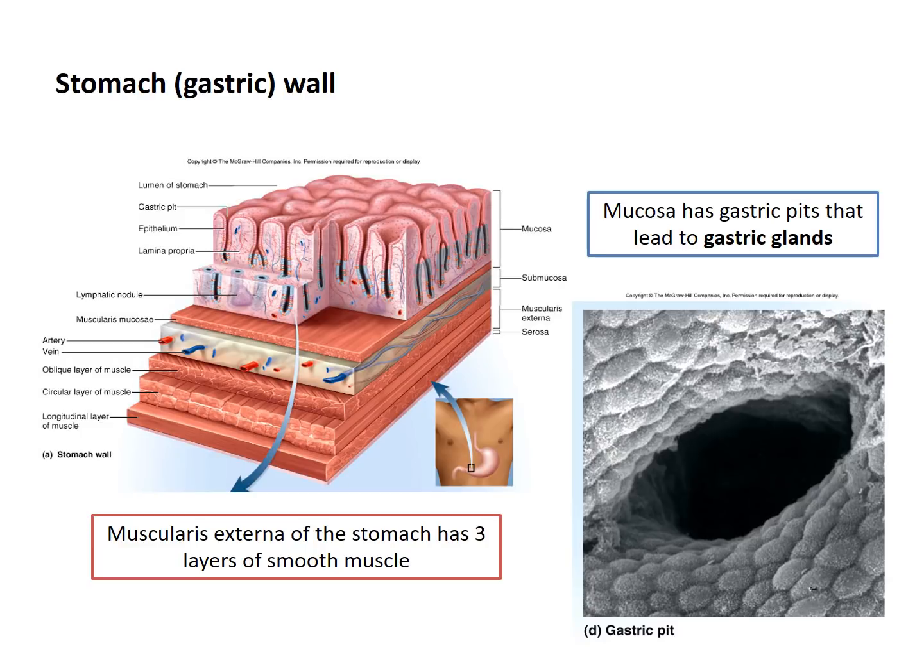The stomach mucosa has pits, and those pits are lined by gastric glands. We'll look at those in a second. And the stomach has 3 layers of smooth muscle. Again, think about how much you can eat and drink and how much you can distend your stomach. You don't want your stomach to burst.